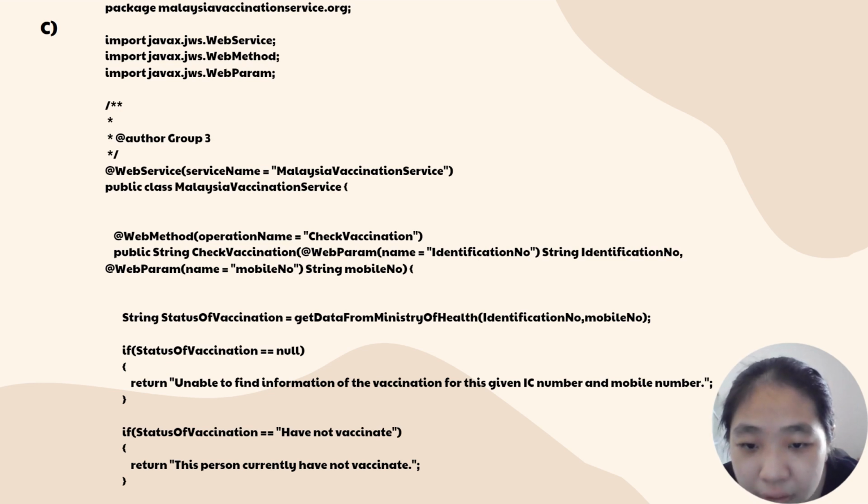If status of vaccination equals null, it means the data entered by the user, which is the identification number and mobile number, is not recorded in the database of Ministry of Health Malaysia. So the system will return unable to find information of the vaccination for this given IC number and mobile number. Next, we also use an if statement. If status of vaccination equals have not vaccinated, the system will display this person currently has not vaccinated.